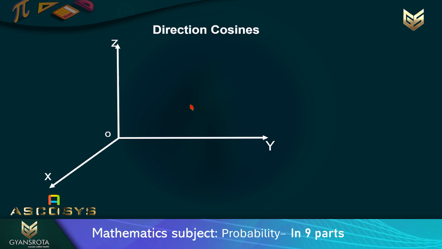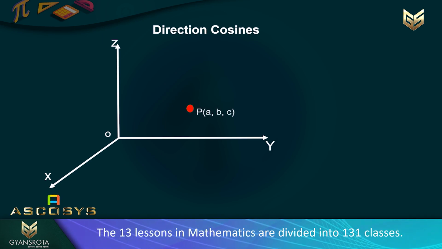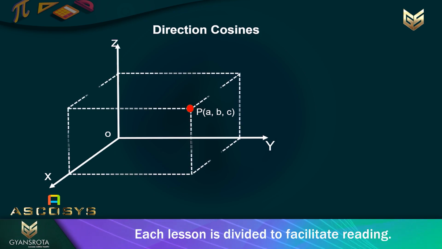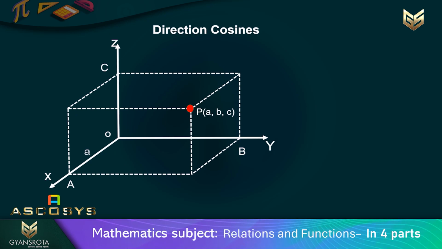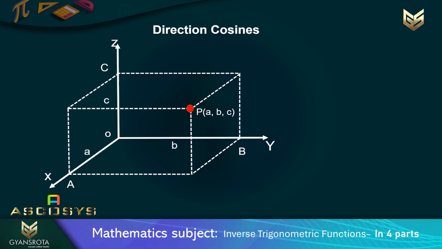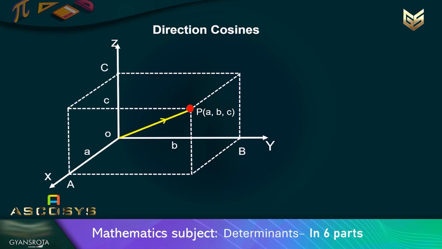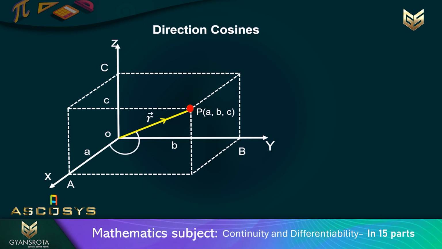Now we have a point P in space and the coordinates of the point P are (A, B, C). That means in our diagram we are marking OA equal to A, OB equal to B and OC equal to C. So now we can join the vector OP. OP is actually your position vector and we are marking it as R vector.